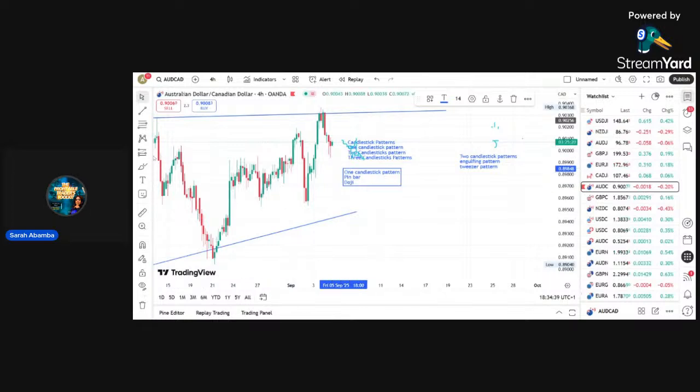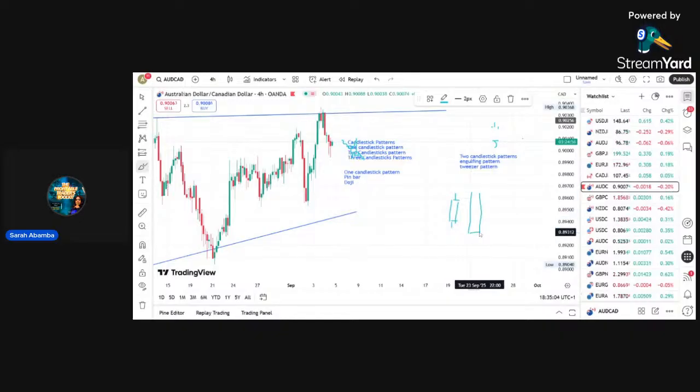So we have the first candle, something that is like this, not big, like this. Then you have the second candle that totally covers the first. That is how the engulfing pattern is.